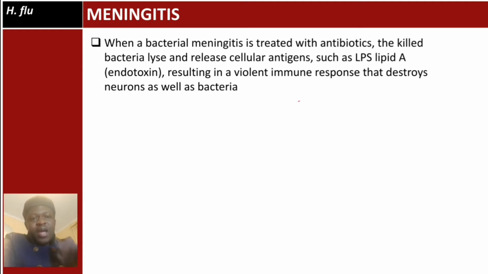Lysis. They lyse and release cellular antigens such as lipopolysaccharide, lipid A, an endotoxin, resulting in a violent immune response that destroys the neurons as well as the bacteria. This destruction of neurons is responsible for the neurological deficits I just mentioned.